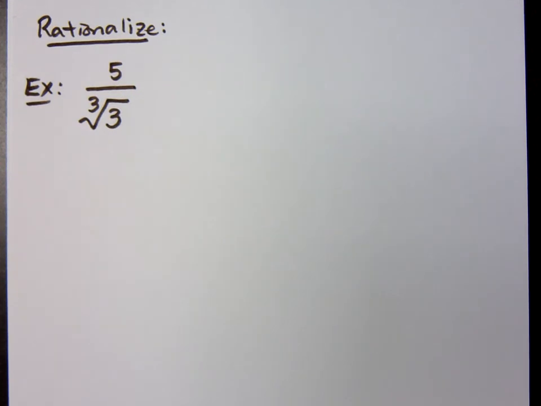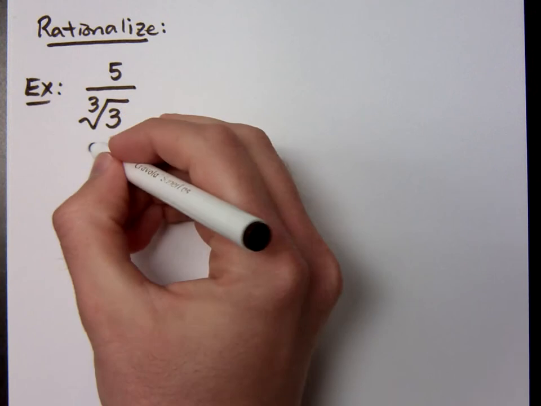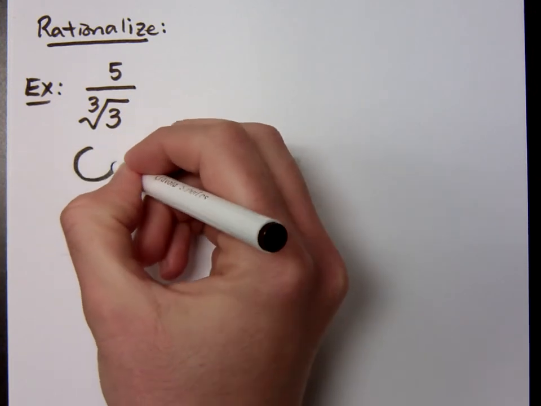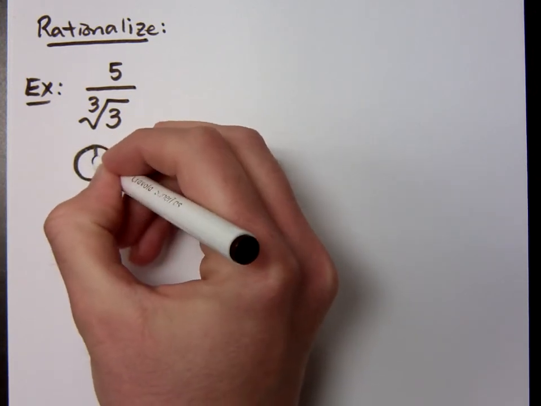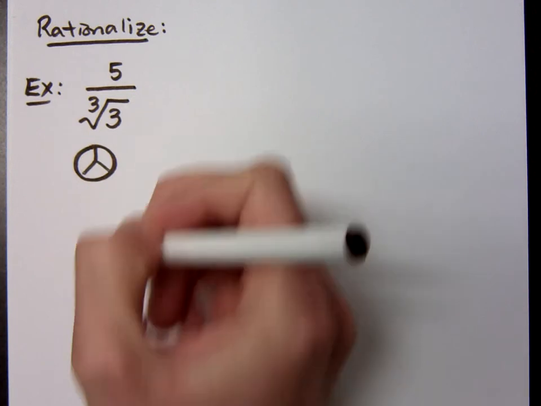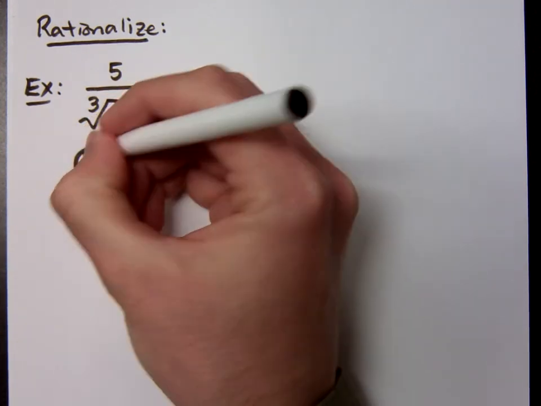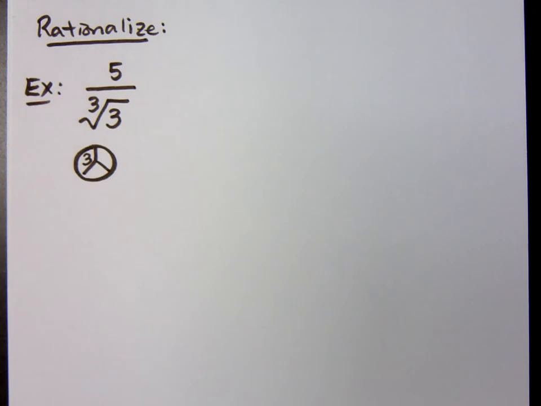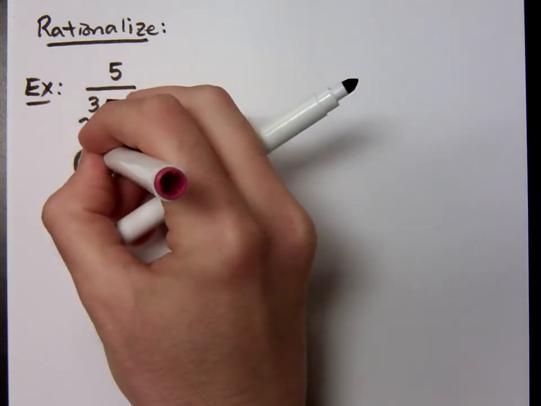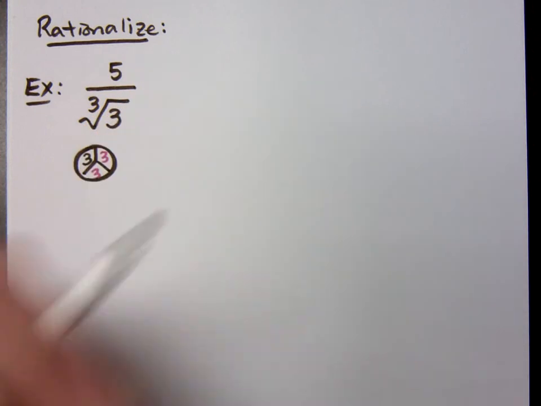I'm not dealing with square roots anymore, I'm dealing with cube roots, which means if I'm trying to complete my picture here, I need to have 3 of the same factor. Right now I have 1 factor of 3, right? What's missing to complete that cube in that denominator? 2 more factors of 3. I'm missing 2 factors of 3, right?